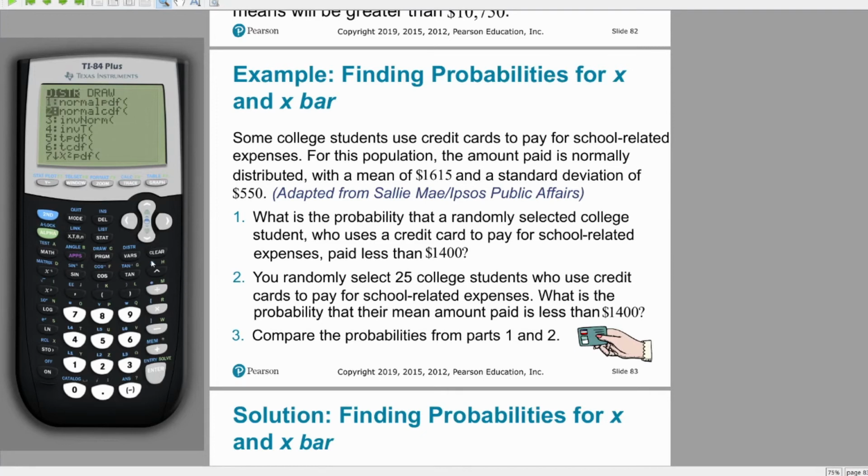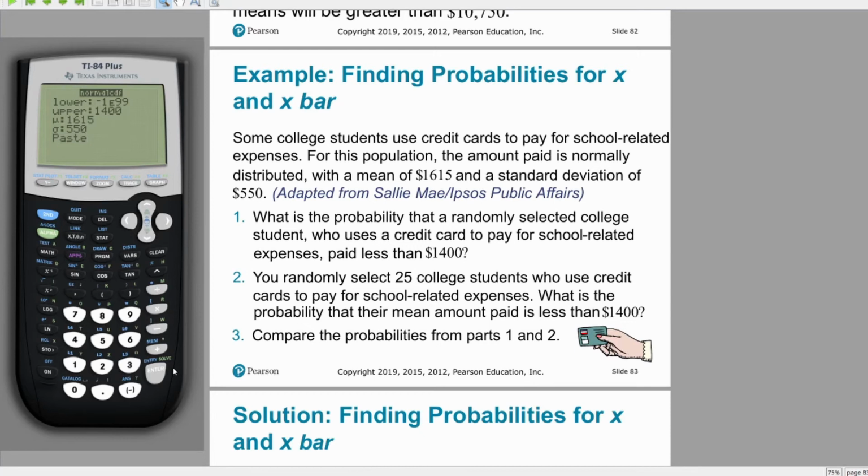So that's a normal CDF, where here we're going up to 1,400, so we have that negative large value, where you do have to be a little bit more careful here with how large that number is that you put in, because we're talking about big things to begin with, things in the thousands. Our mean is 1615, and our standard deviation sigma is 550.